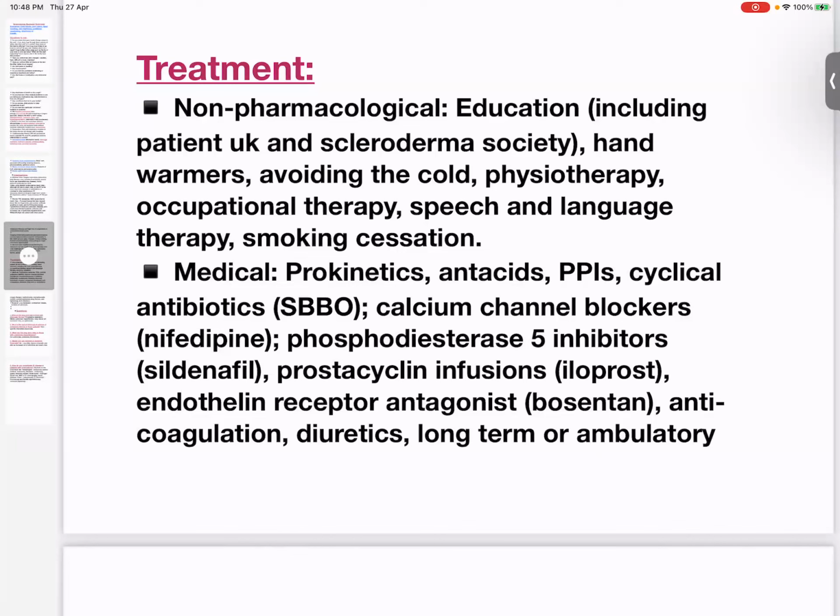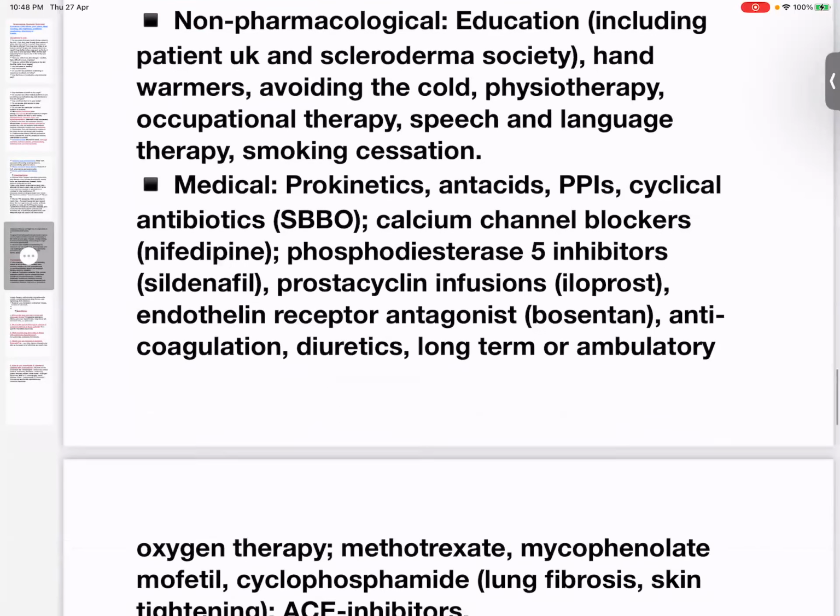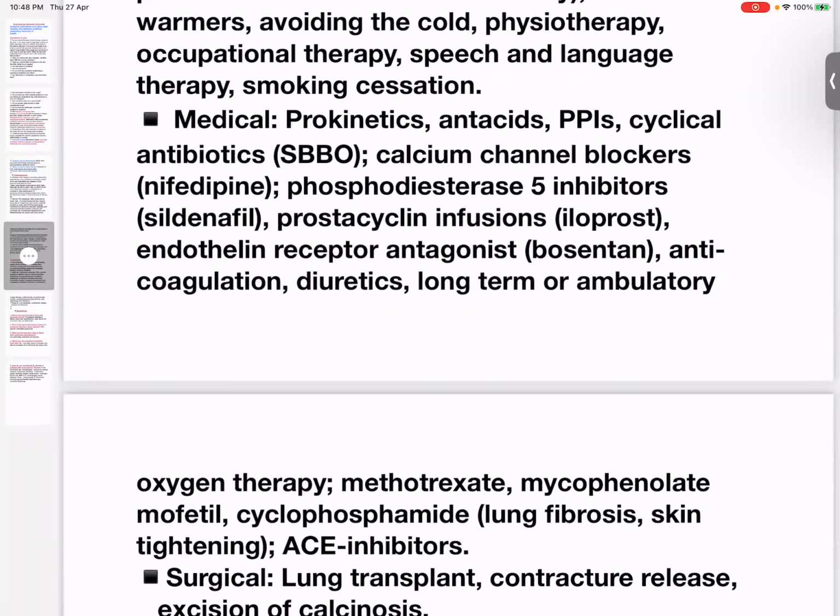Bosentan is the trade name for the endothelin receptor antagonists. These are vasodilators. All these are treatment for pulmonary hypertension. Anticoagulants, diuretics, and long-term or ambulatory oxygen therapy in case of pulmonary fibrosis or interstitial lung disease.